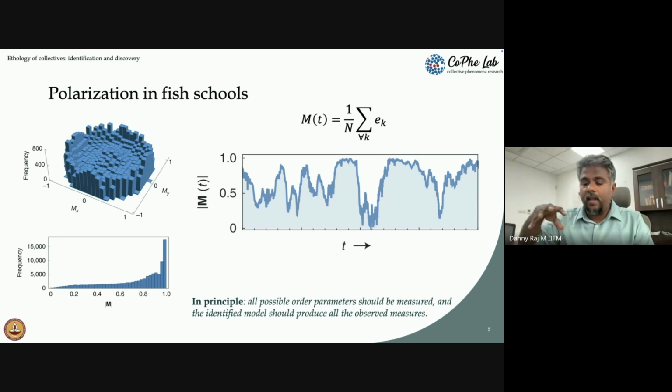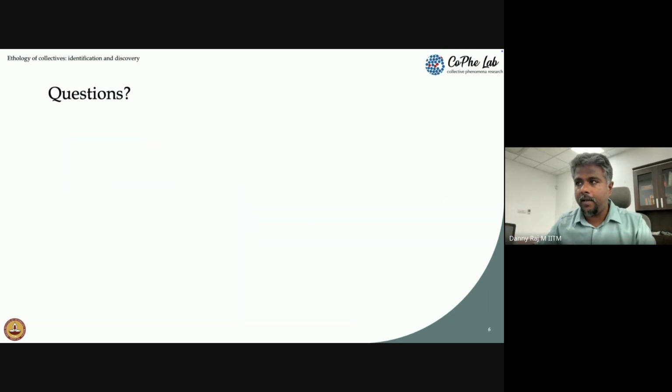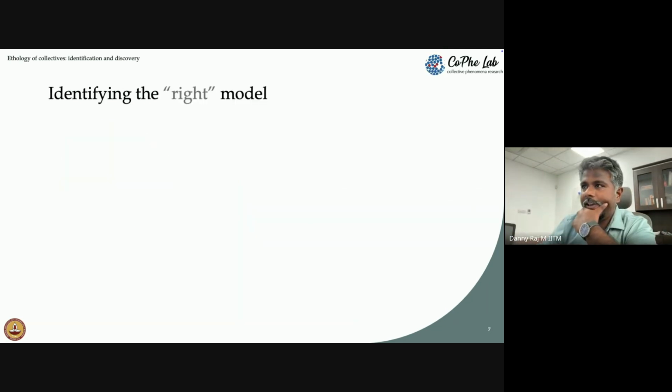So there is no way we are deriving this from the ground up because there are no first principles in that conventional sense, but we are doing the opposite direction. So we're going from the data to what model we are going to explain the system. So it has to explain all possible order parameters. All right.